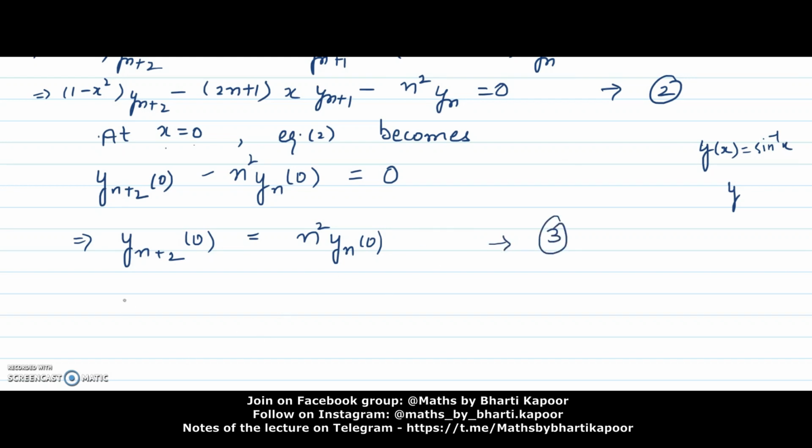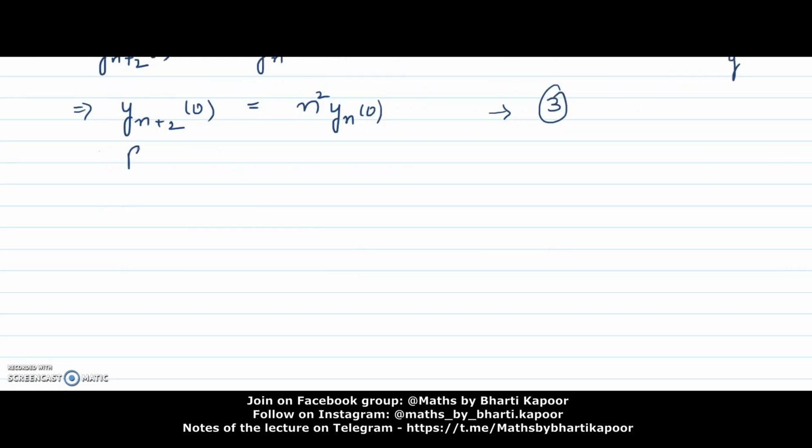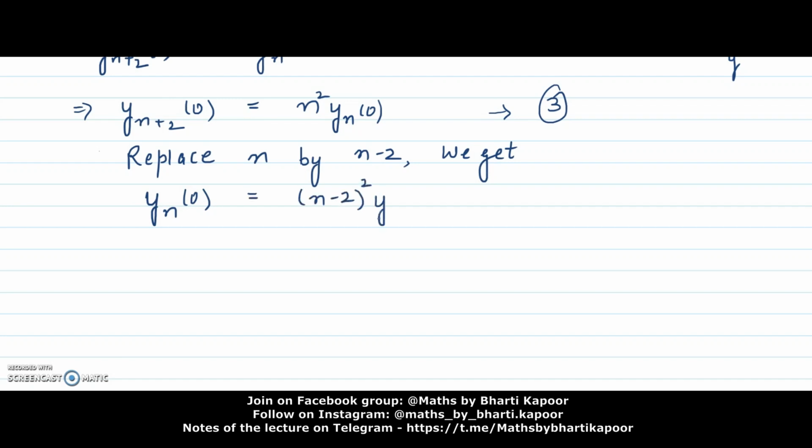Okay. Let's find the value of yn using equation number 3 at x is equal to 0. When you replace n by n minus 2, we get yn 0 equal to n minus 2 square yn minus 2 0.